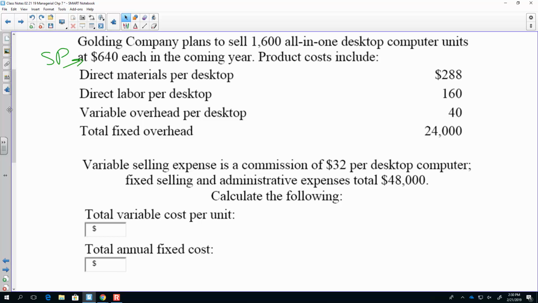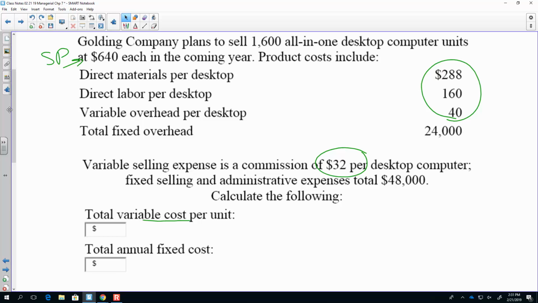So what we're looking for is our total variable cost, both manufacturing and selling and admin. So the manufacturing ones are together. Here's my variable manufacturing. But then you've got to kind of look for variable expenses elsewhere. They're not always in a nice even row or column like it was in the book in some cases.